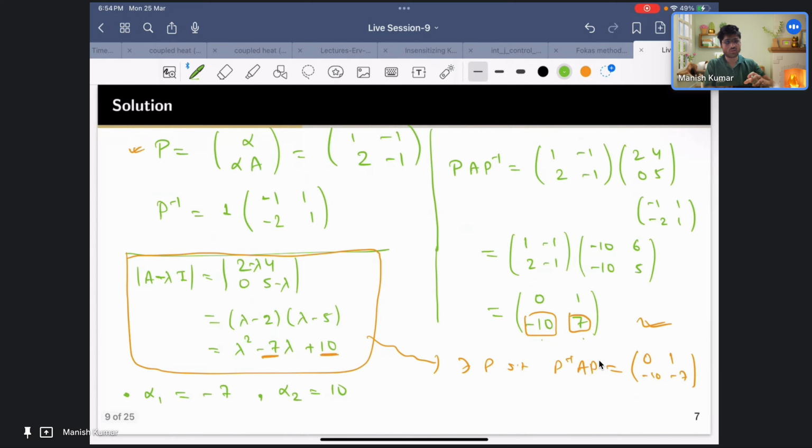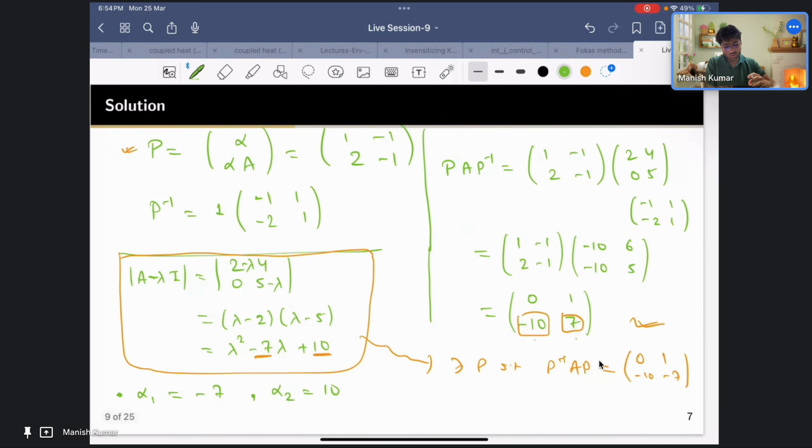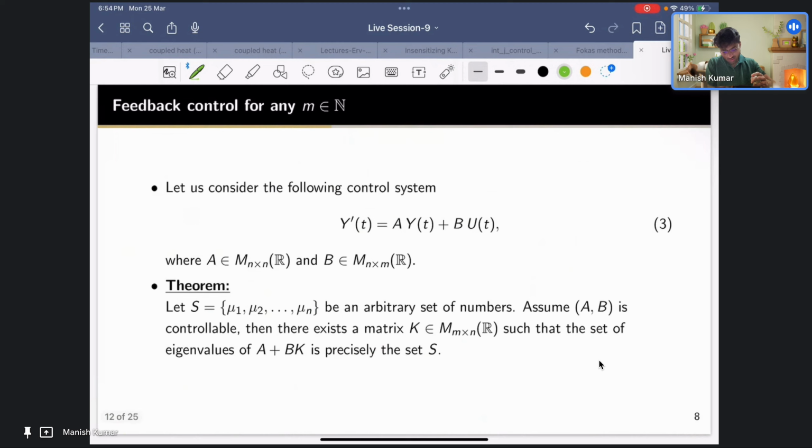So is it possible for any m? And this is what the question was initially. To get the stabilizability, it's not always that the control matrix B will have m equal to 1. That is not always true. So this is the general setup. Suppose you have this kind of system, n cross n, n cross m.